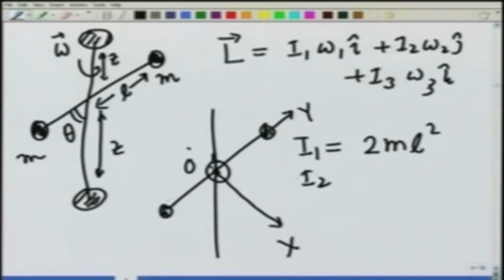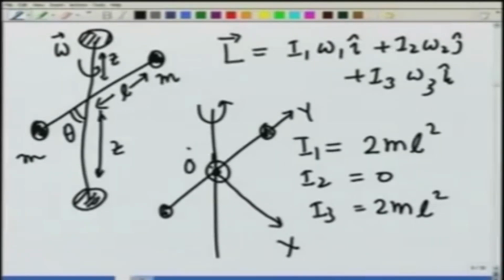I2, the moment of inertia about the y axis, comes out to be 0, and I3, the moment of inertia about the z axis, will again be 2ml square. This is omega. So, omega has two components. Let me go to the next screen and show you.